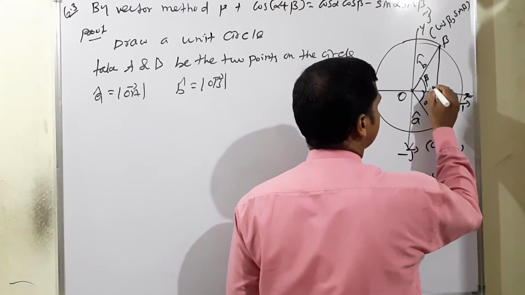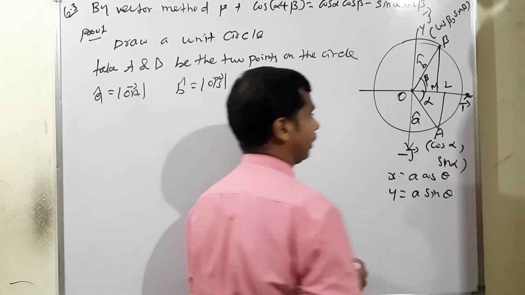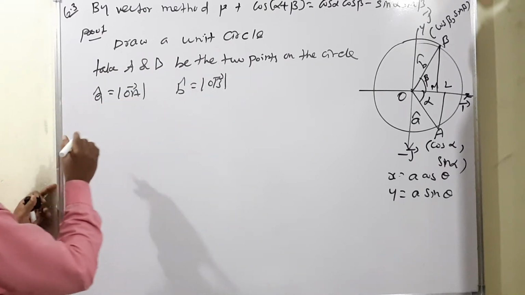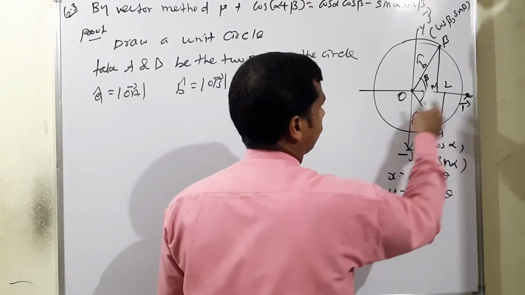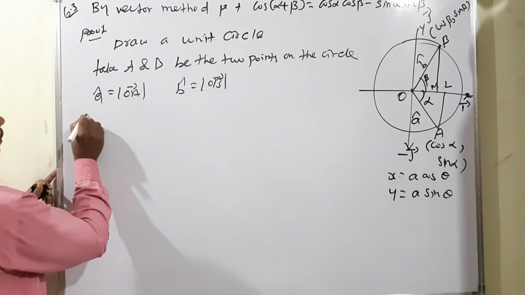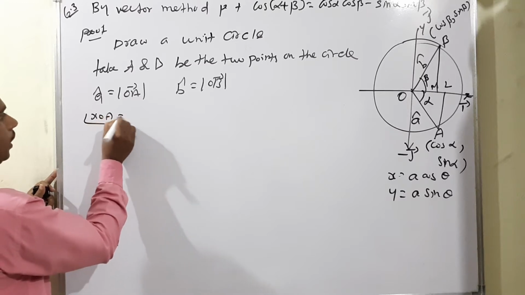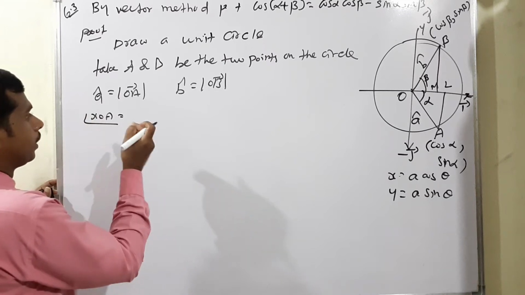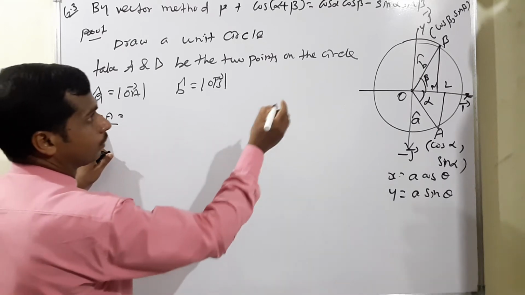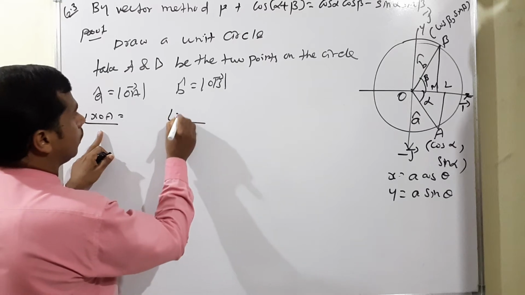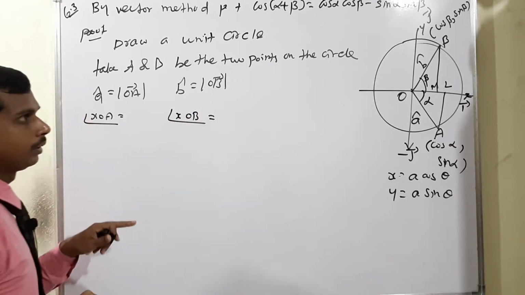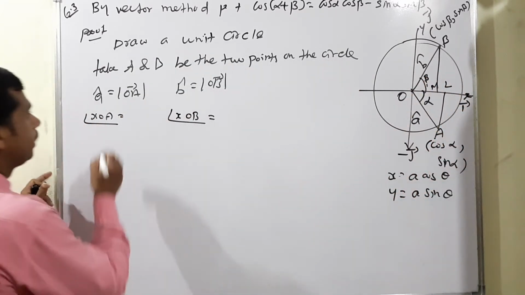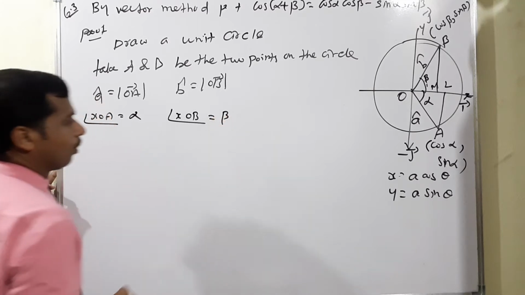The meeting points are considered M and L. Then according to A cap and B cap, the angle XOA is alpha, and the angle XOB is beta.